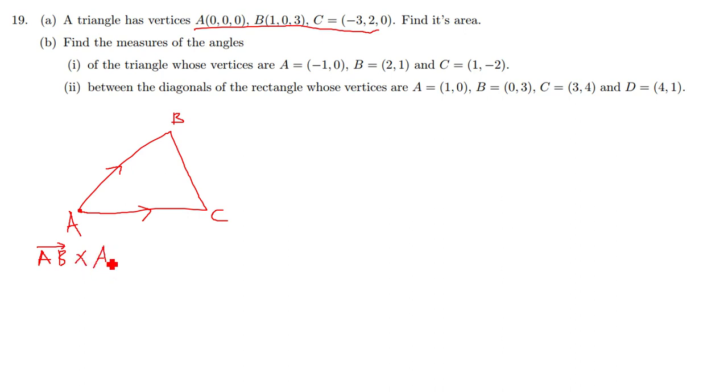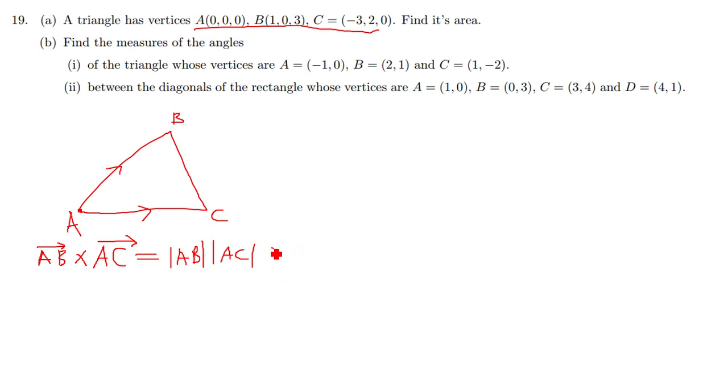And then once I find my AB and my AC, I know to say AB cross AC. So AB cross AC can also be written as the magnitude of AB times the magnitude of AC, and here for the dot product we are saying cos theta.